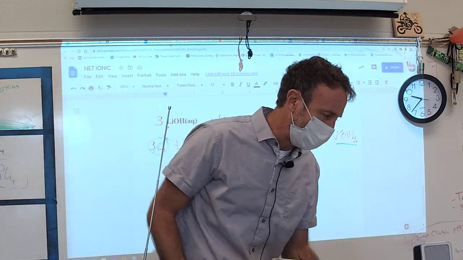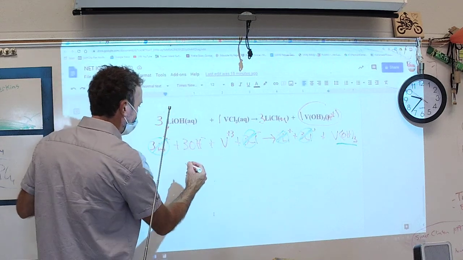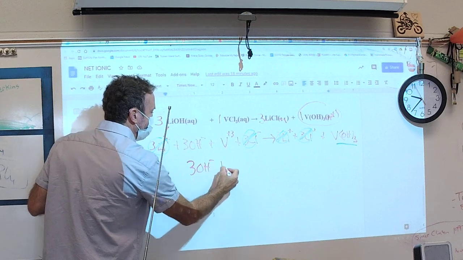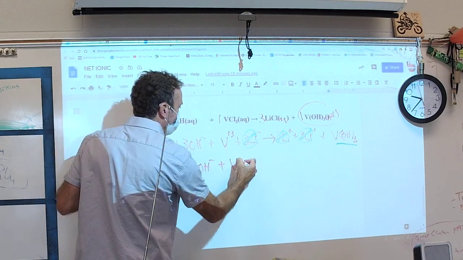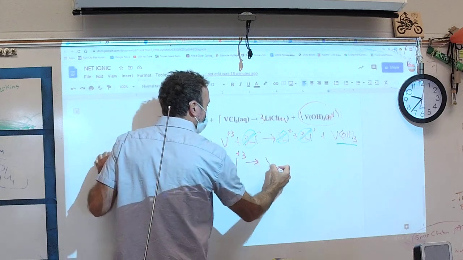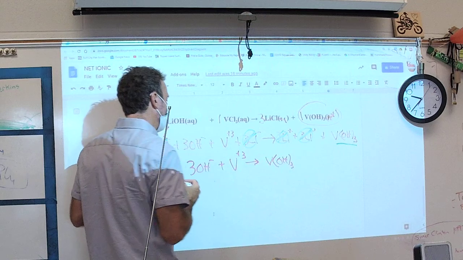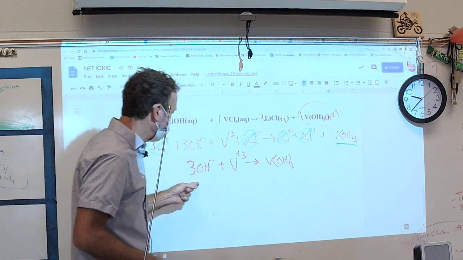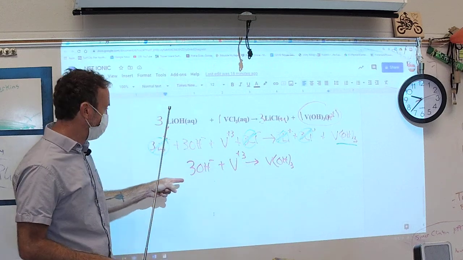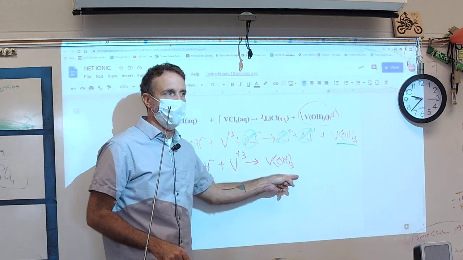And just what we actually made in this water is 3 OHs got together with a vanadium that was +3 to make VOH3, or vanadium 3 hydroxide. That is the net ionic equation. This is the only thing that actually happened in the test tube. Does that make sense?